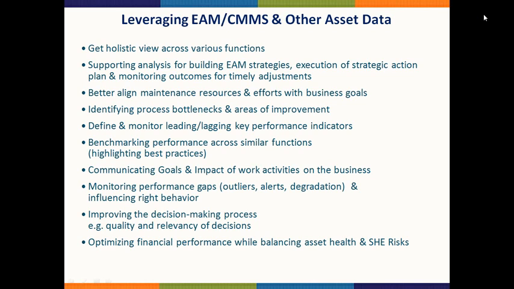The strategy itself can be built to align the maintenance goals with the business goals. Also, there are process improvements. We all do continuous process improvement, and part of that is to identify the bottlenecks, identify areas of improvement, and some of the KPIs can be designed towards that.